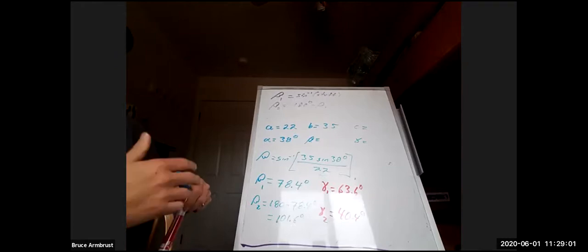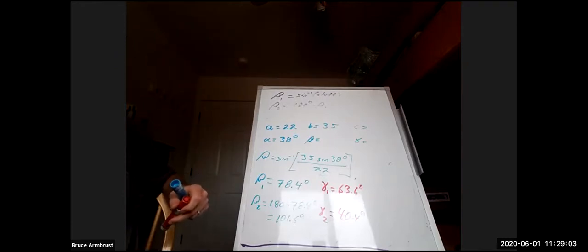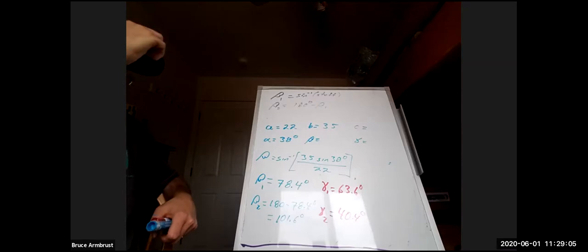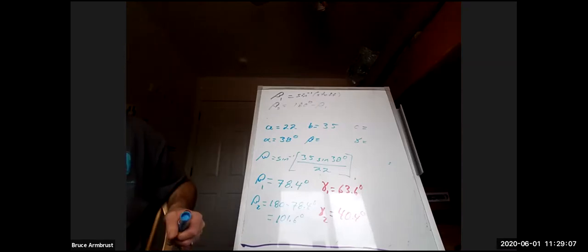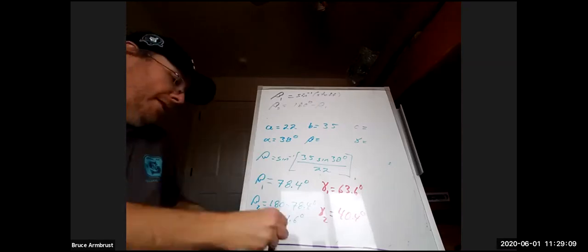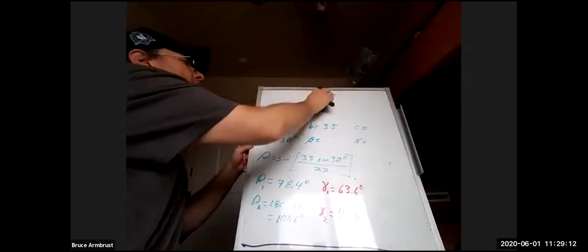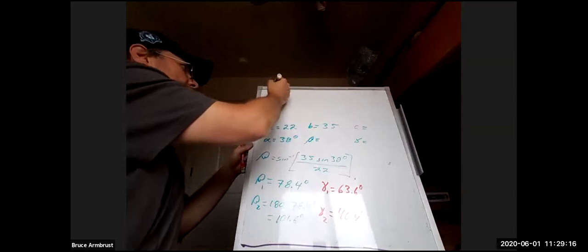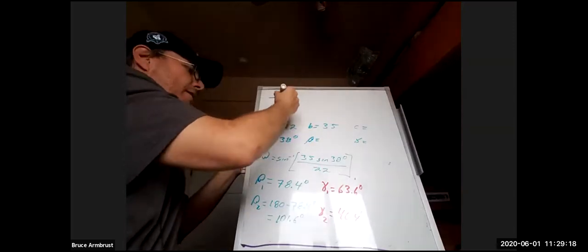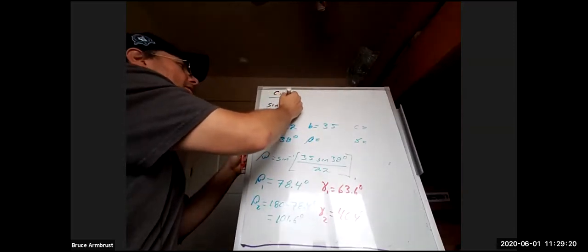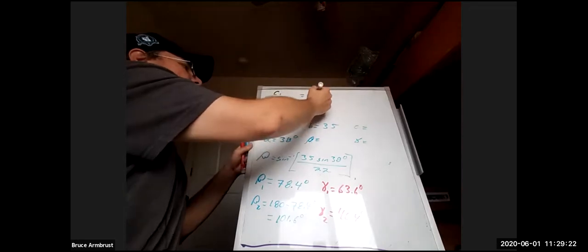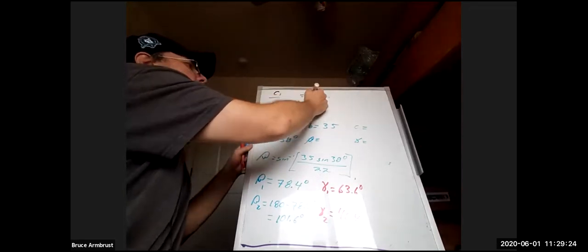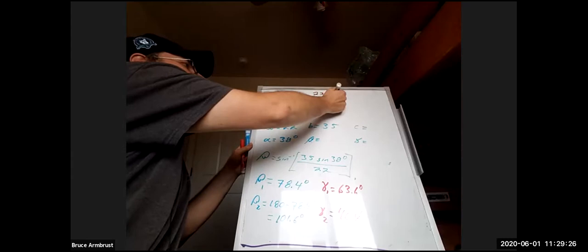And then once we have those gammas, we can find C. We'll go back to the law of sines. So let me run up to the top here and I'll show you how to find the first one. So if I want C, call it C1, then C1 over the sine of 63.6 is going to equal 22 over the sine of 38.